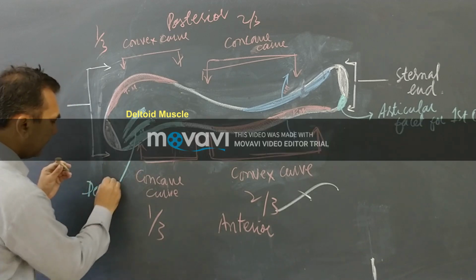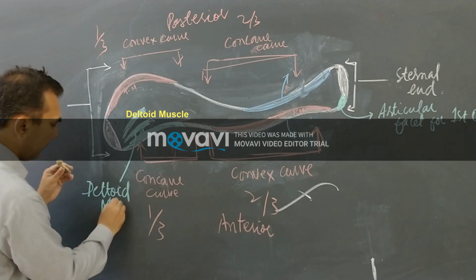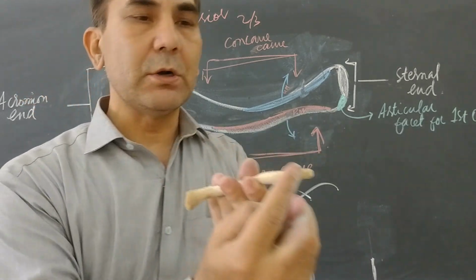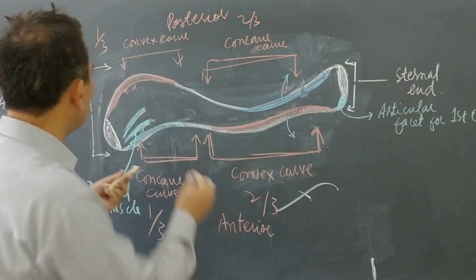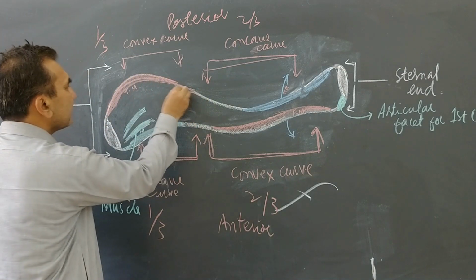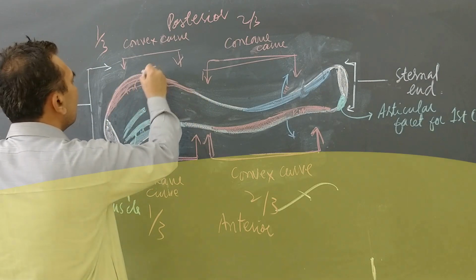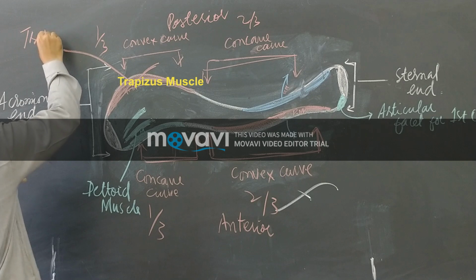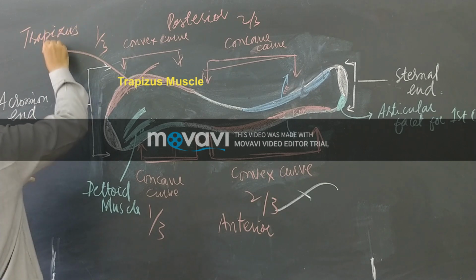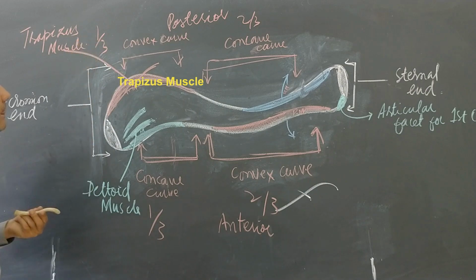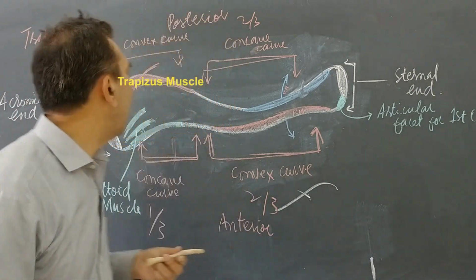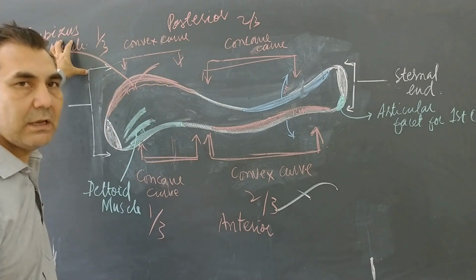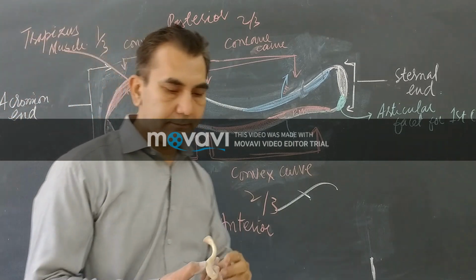The posterior border of the clavicle, which is rough in structure, is for the trapezius muscle, and for the trapezius ligament as well.